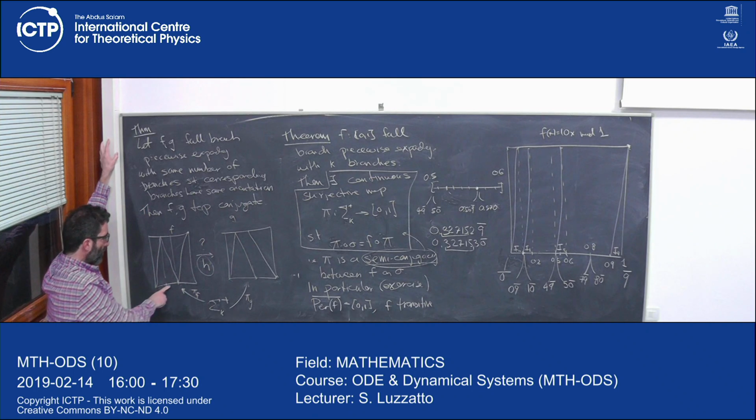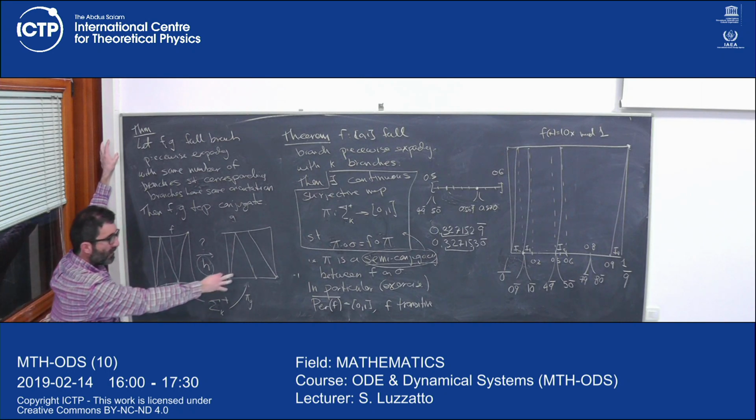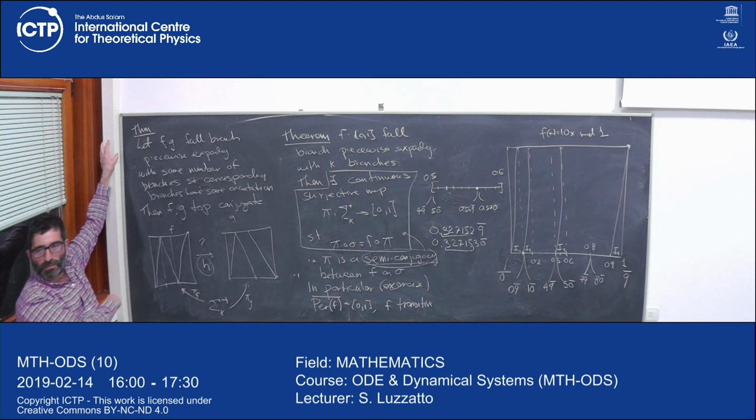Okay, so you take branches 1, 2, 3, put them in order, and they all have to have the same orientation as each other. Then you can guarantee that all the codings and all the combinatorics match.